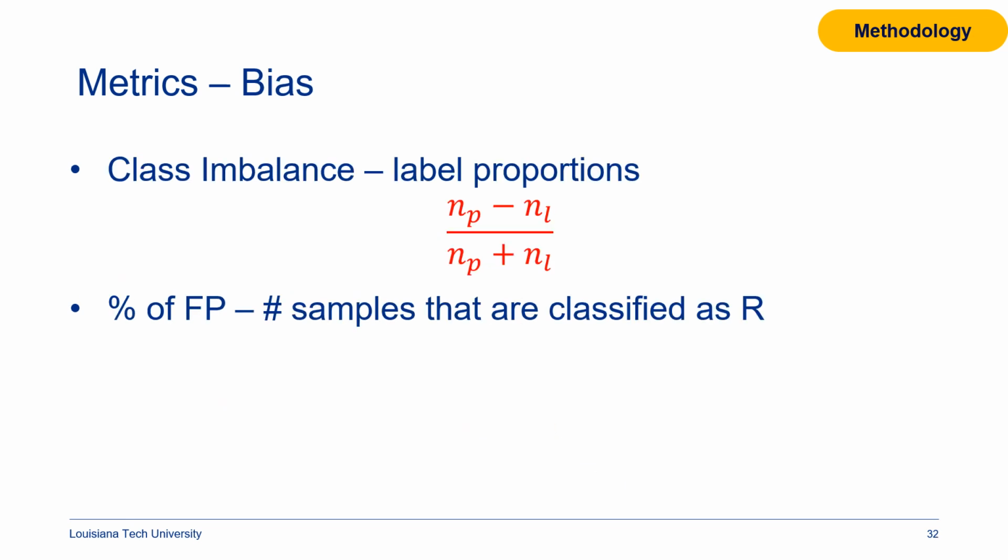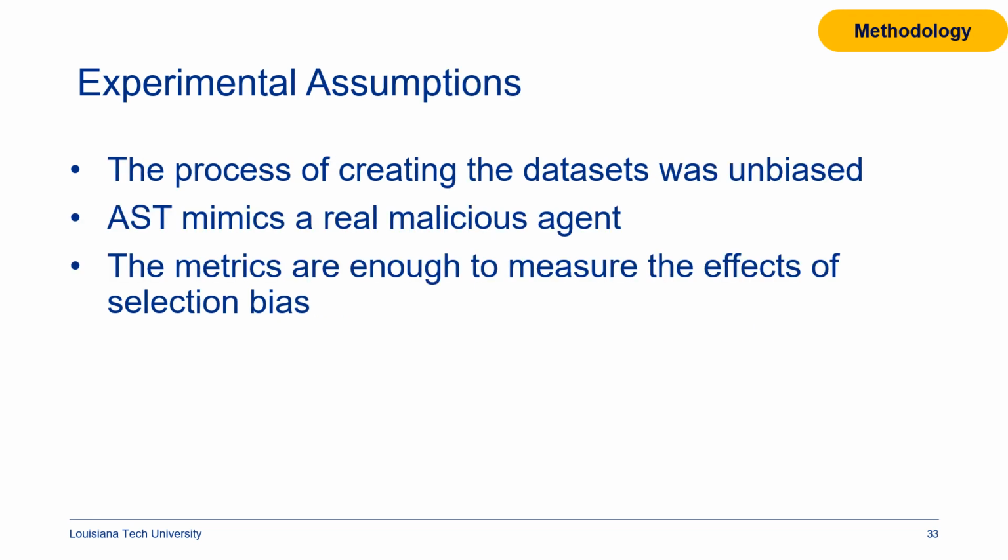We measure bias using two metrics, which are class imbalance or label proportions, and percentage of false positives, or number of samples that are classified as regular. We have three assumptions for the experiments: the process of creating the datasets was unbiased, the adversarial sampling technique mimics a real malicious agent, and the metrics are enough to measure the effects of selection bias.